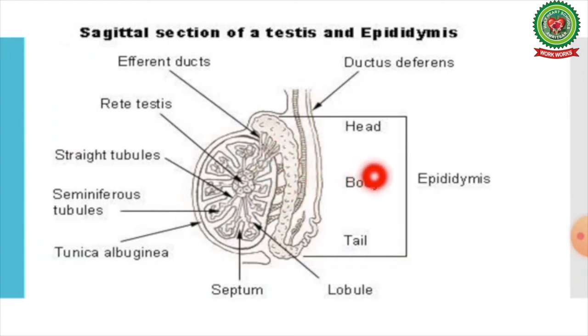Epididymis is further divided into three parts: head, body, and tail. The epididymis stores the sperm cells until they are mature and ready for ejaculation. From epididymis, these sperm cells are conducted to ductus deferens.